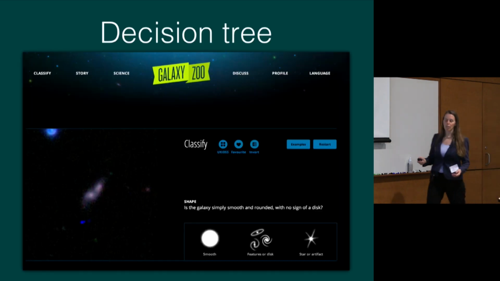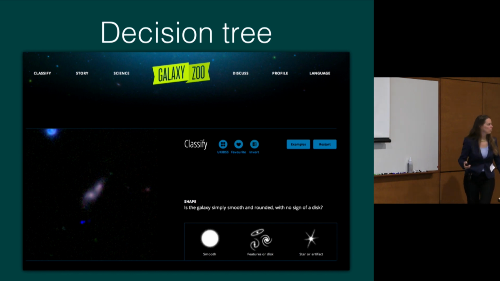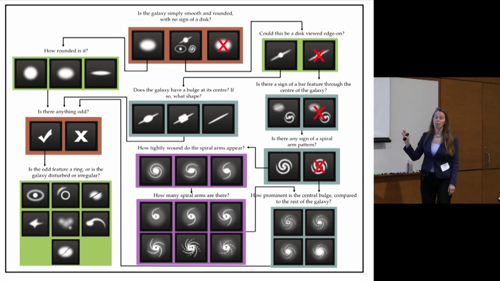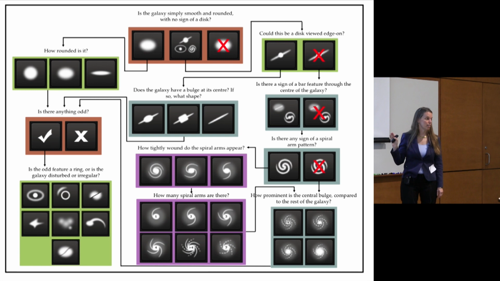Okay, so let's go through several task types. The simplest, of course, is a decision tree. Galaxy Zoo was effectively a binary tree. There are a couple of other little additional questions, but it was effectively a binary tree. This is probably the most complex you would ever want a decision tree to get.